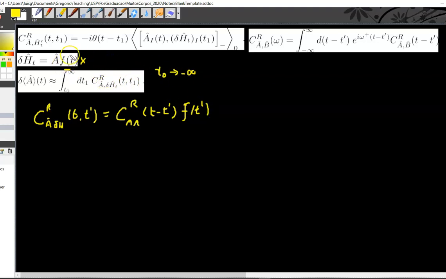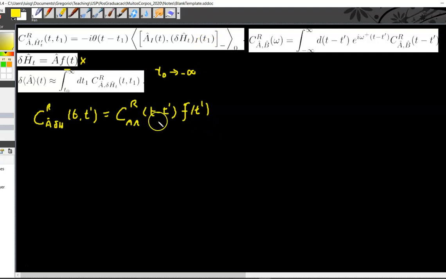Why? Well, this function will just factor out of the commutator and also out of the expected value. And here, everything that will remain is operator A in the interaction picture at time t prime. Okay, so this is what we have.